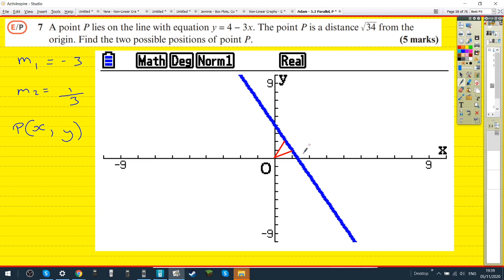If it was perpendicular, there'd only be one possible coordinate, and it would be exactly the shortest one. So would you just use y equals minus 3x plus c? I think so. The distance is root 34 from the point P to the origin. I'll call them P1 and P2. How can you use that? You could use it to work out the difference between P1 and P2.